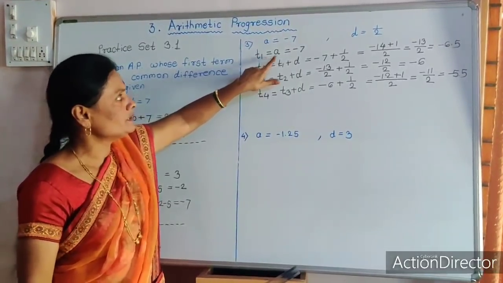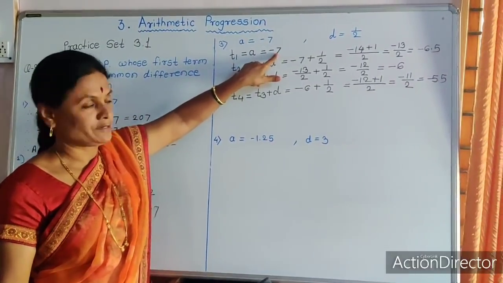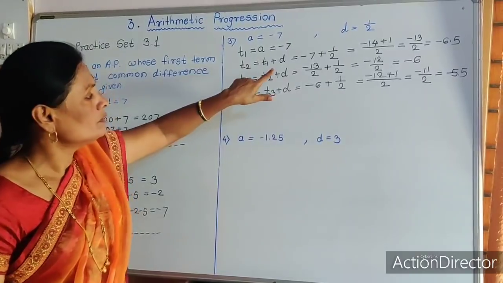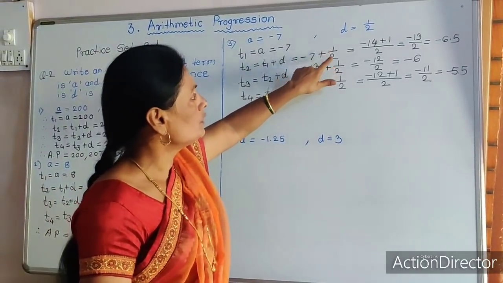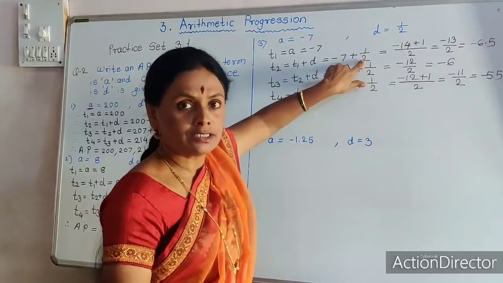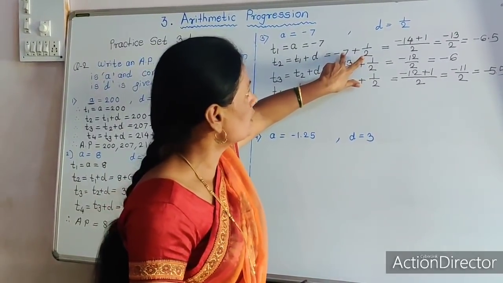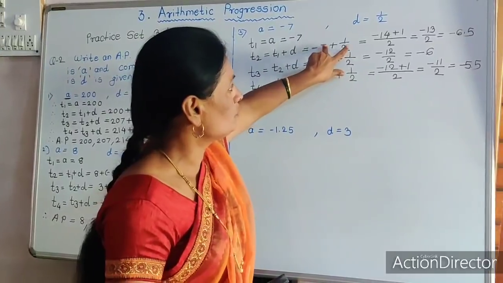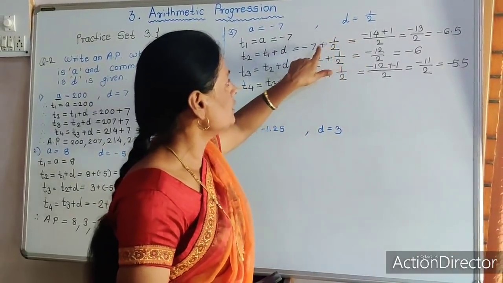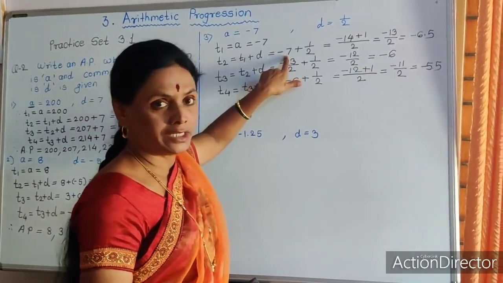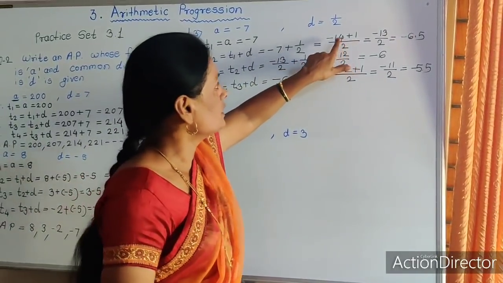Look here. The first term T1, that is A, is equal to minus 7. T2 is equal to minus 7 plus 1 upon 2. Here the denominator is not the same. Therefore, by cross multiplication, 7 into 2 is minus 14, 1 into 1, here the denominator is 1, that is plus 1.